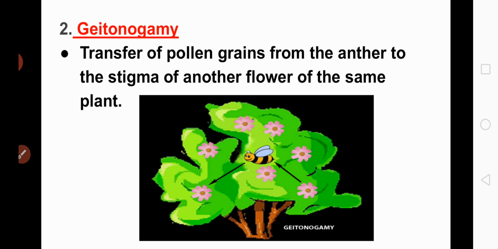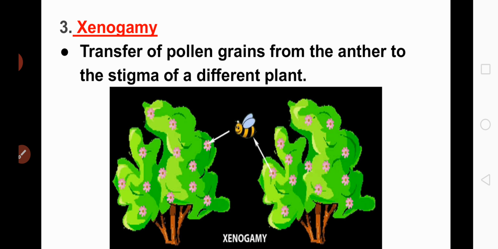So if the pollination takes place between two flowers of the same plant, then that type of pollination is called geitonogamy. Understood? And the third type is xenogamy, which means transfer of pollen grains from the anther to the stigma of a different plant.